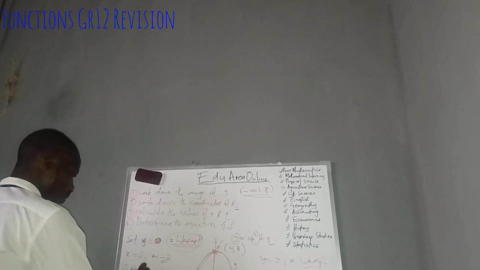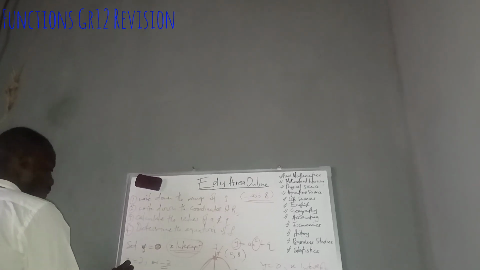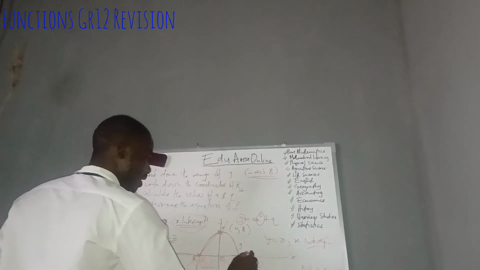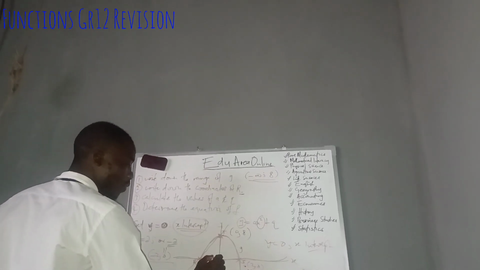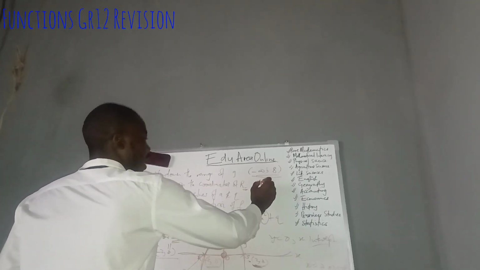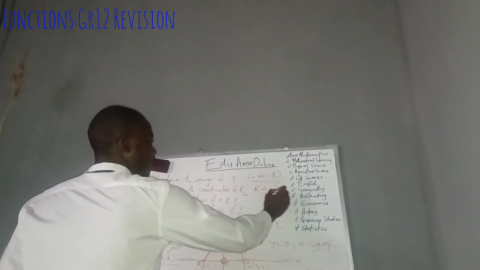The other one must be minus 2, 0, because it's an x-intercept where both values of y are 0, both along the x-axis. So the coordinates of R, we say R is minus 2, 0.